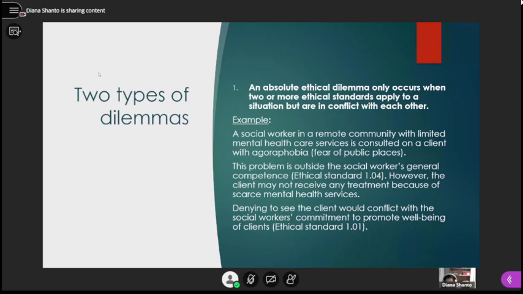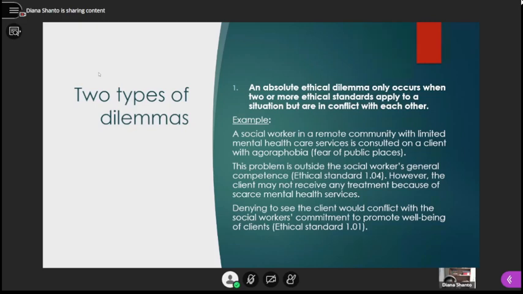So imaginez, vous êtes à la place de ce social worker. Vous avez un client qui habite très loin and he has this fear of public places. Il peut pas venir dans votre bureau qui est un espace public and you have to visit them.